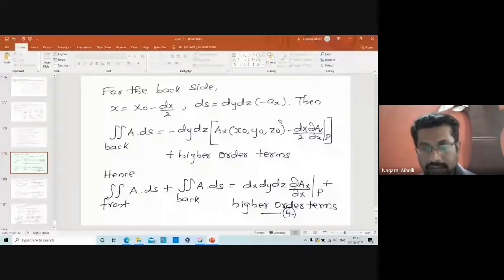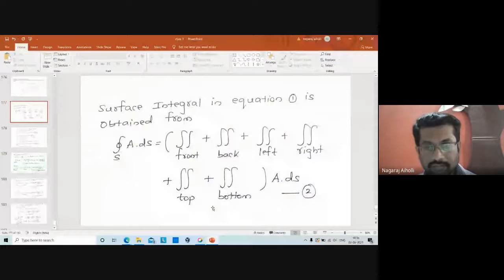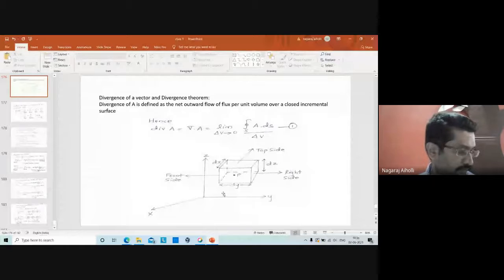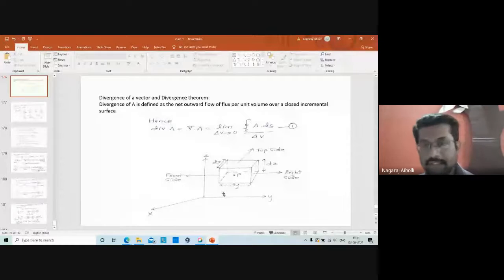See, this is ∂Ax/∂x, that is front plus back, because if you look at the surface, we are taking the coordinate of the point P with respect to x.